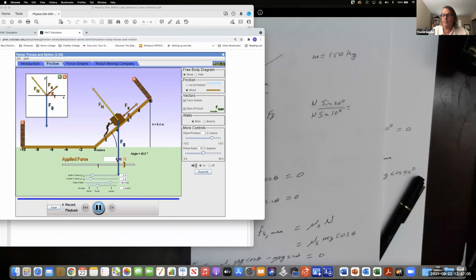But it's not moving up either. It's still not sliding down. How about 500? It's still not sliding down. 400. Now it's sliding down.